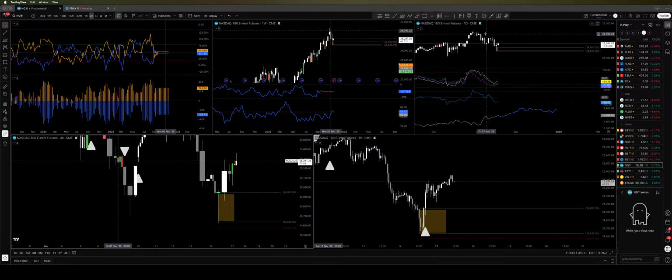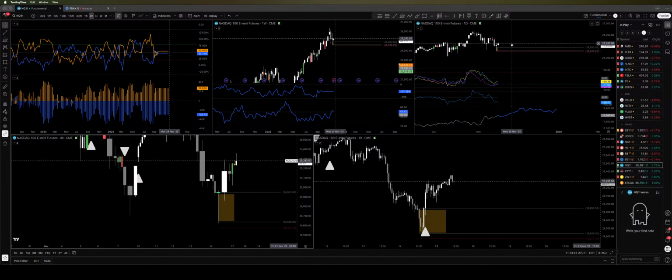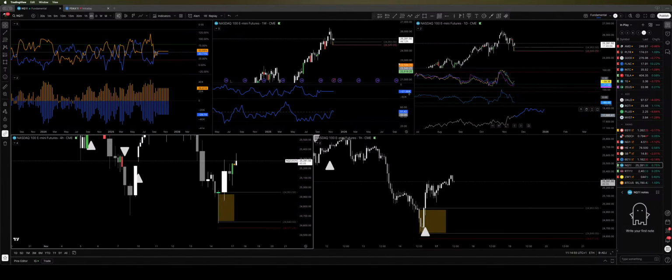And then we have to be careful managing our trade because next year, from a seasonality standpoint and some patterns, it doesn't look that good. So be careful then with your longs on the equity indices.